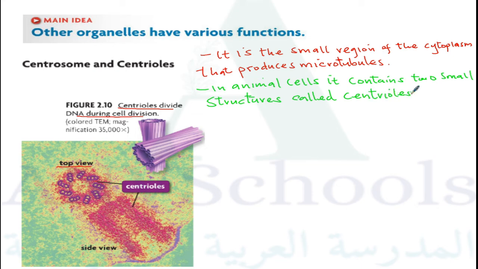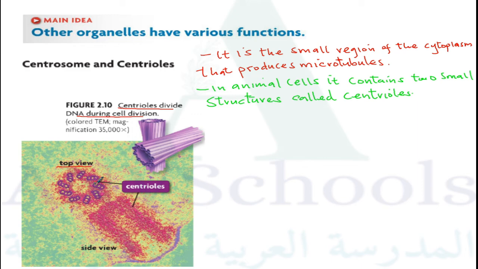So what is the function of the centrioles? Centrioles are cylinder-shaped organelles made of short microtubules arranged in a circle. The two centrioles are perpendicular to each other, as you can see in the figure here. By perpendicular, we mean they seem to be in opposite directions.